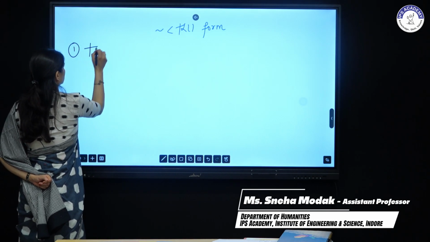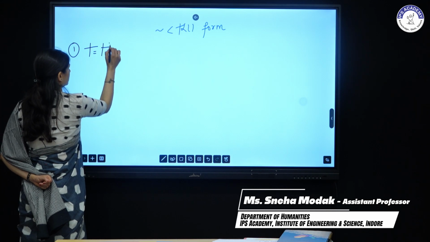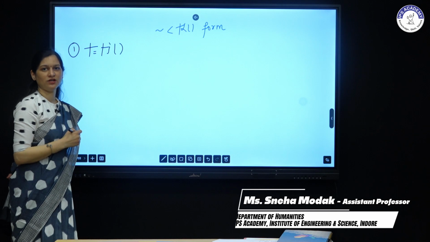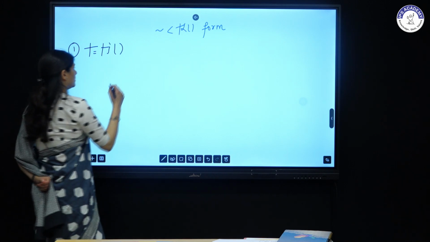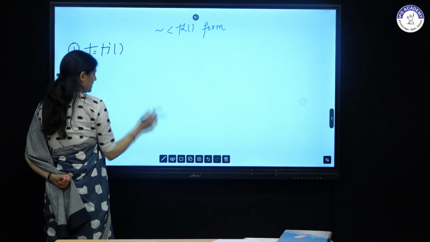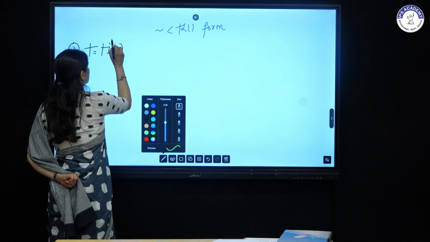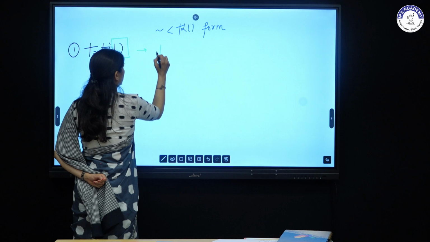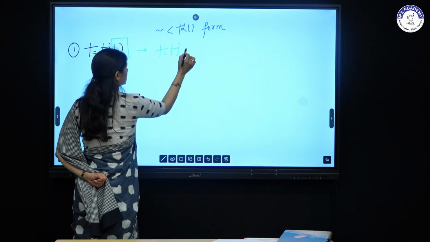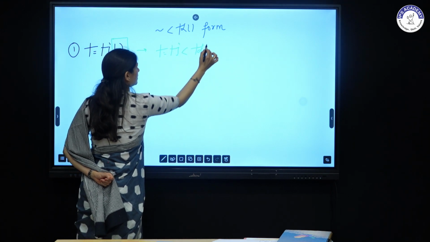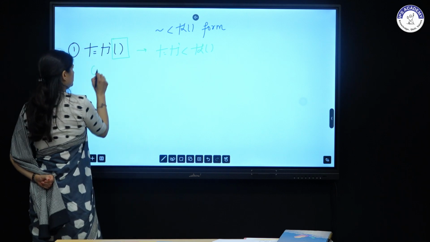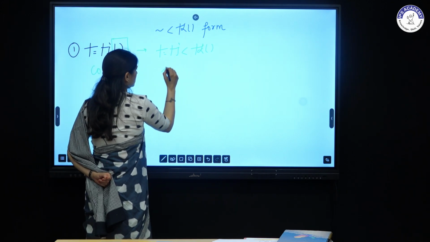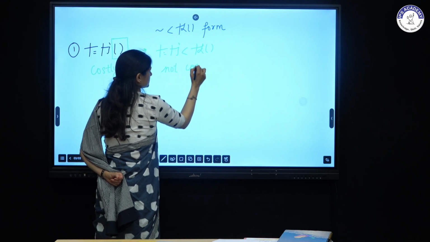See, if it's takai, then how will I make the negation of this e-ending adjective? For this, replace the e with kunai. Takakunai. So takai means costly and takakunai means not costly.